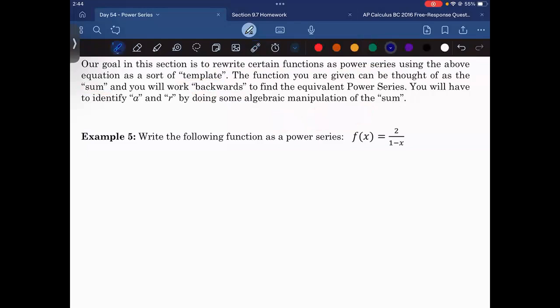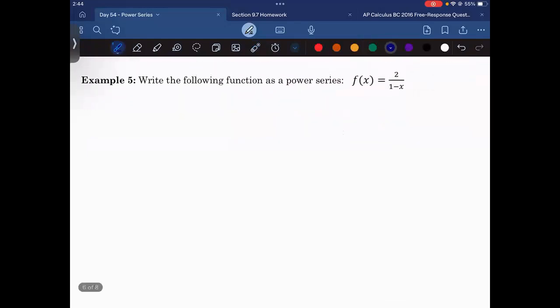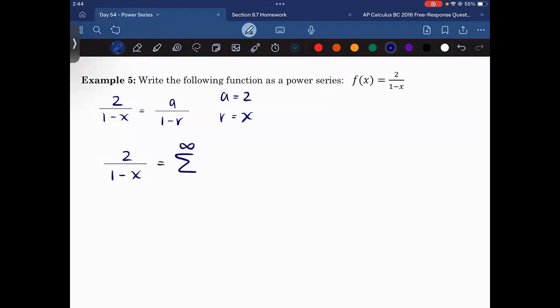This first one's pretty easy. We have 2 over 1 minus x, which matches our a over 1 minus r. So my a value equals 2, and my r value equals x. I'm going to use that geometric series, so my a value is 2, and then it's x to the n. Why is it x to the n?